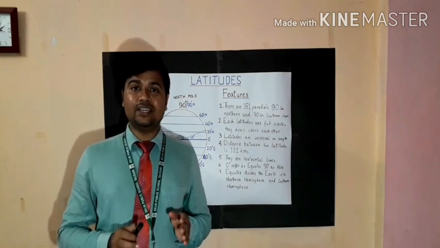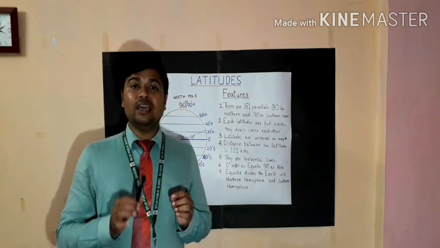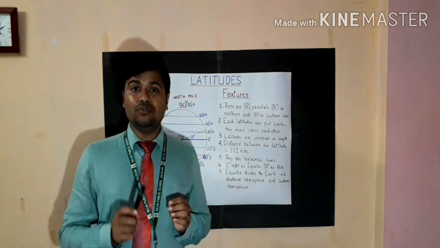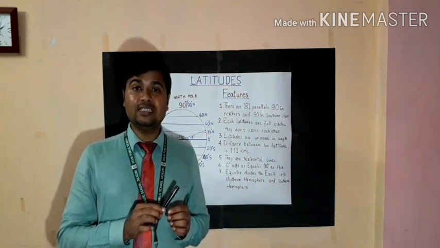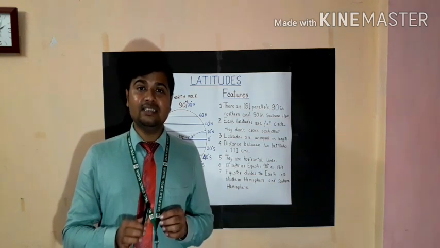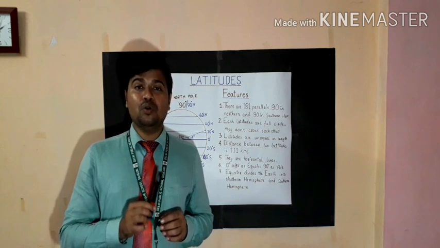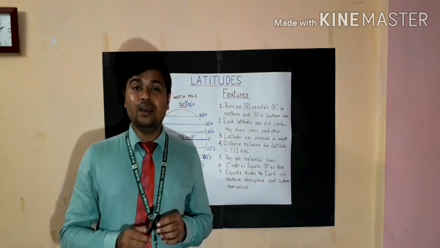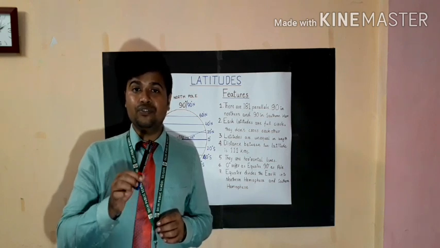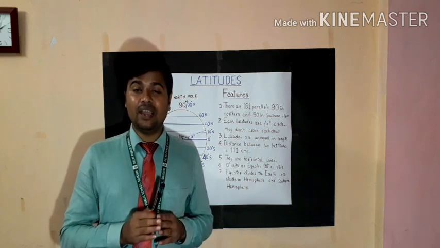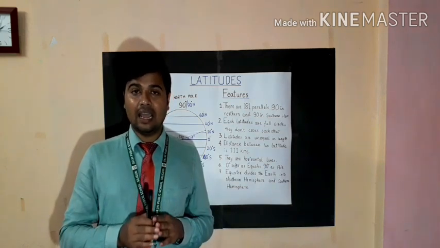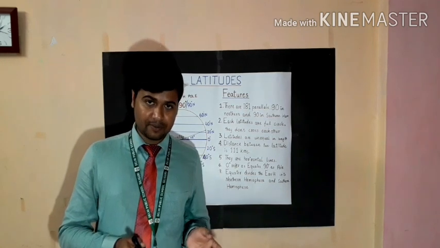What is equator? Equator is an imaginary horizontal line which extends from east to west. Next is prime meridian. What is prime meridian? Prime meridian is an imaginary vertical line which divides the earth into the eastern hemisphere and the western hemisphere.